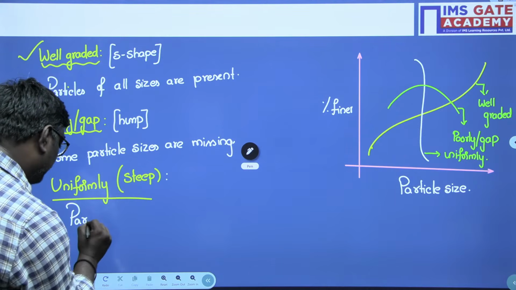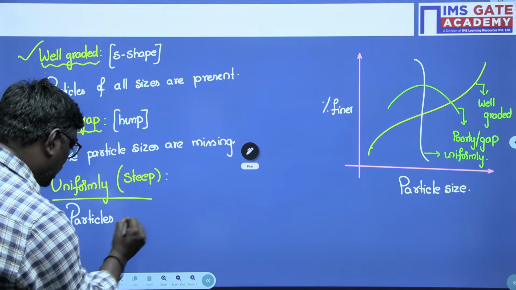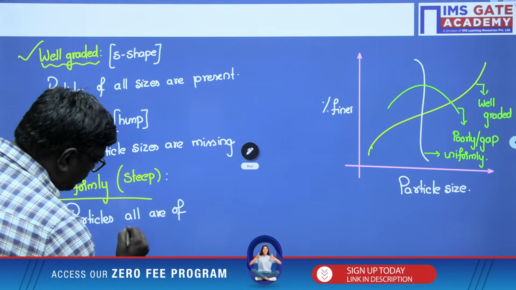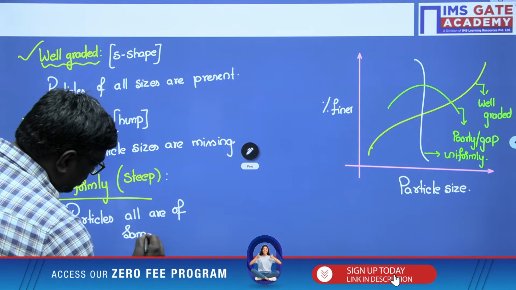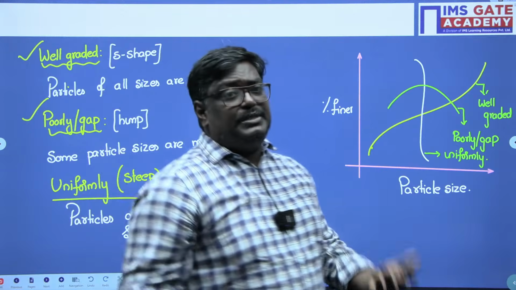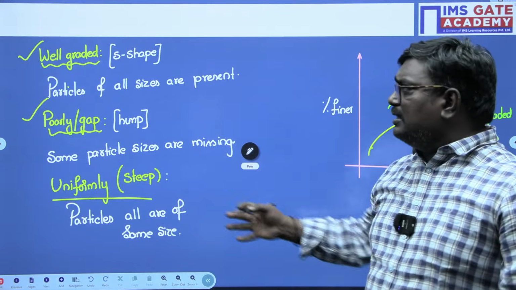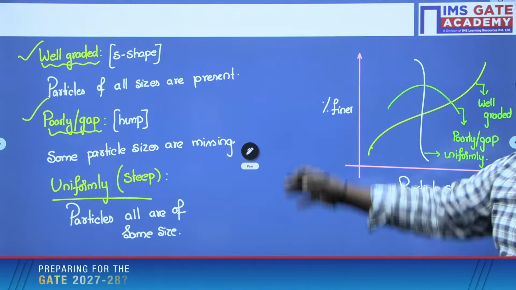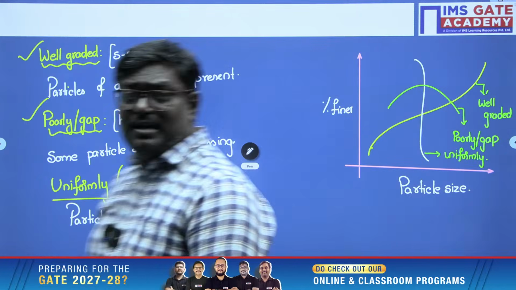All particles are of the same size. So in exams they can ask you: hump shape means some particle sizes are missing; if all the sizes are present, it is well graded, then it is S shape; uniformly graded means all particles are of the same size.